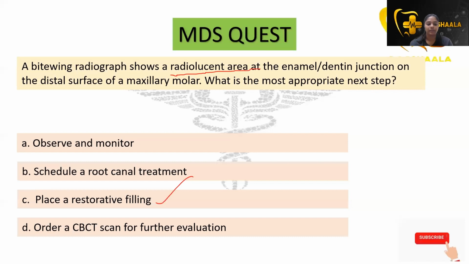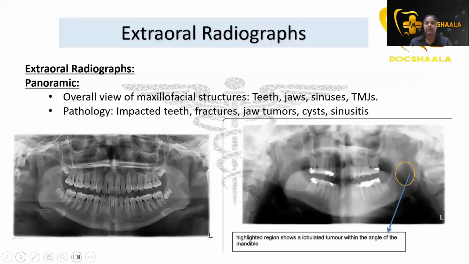Okay. Then coming to extraoral radiographs, the main extraoral radiograph that we take commonly is OPG, which is orthopantomogram or panoramic radiograph. It gives an overall view of maxillofacial structures such as teeth, jaws, sinuses, and TMJ.